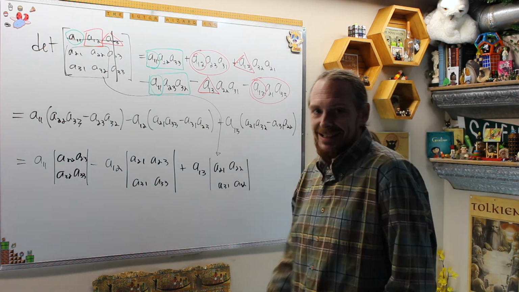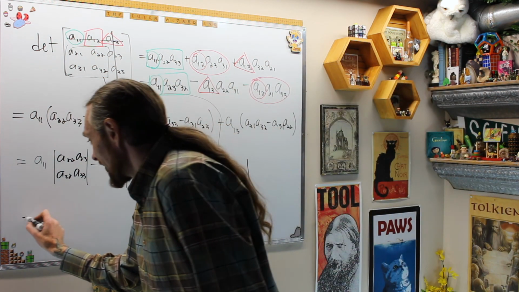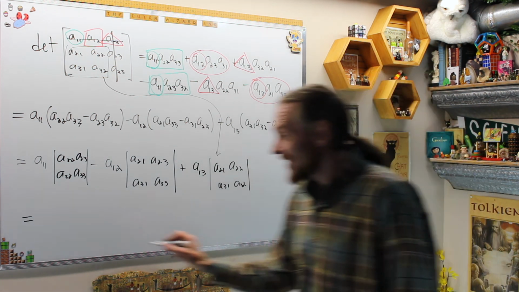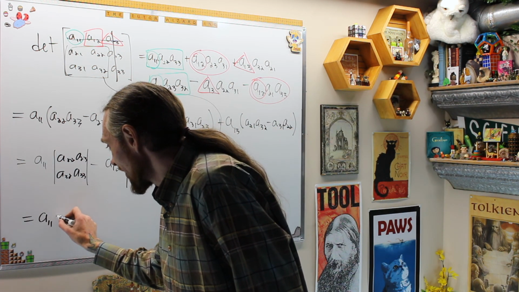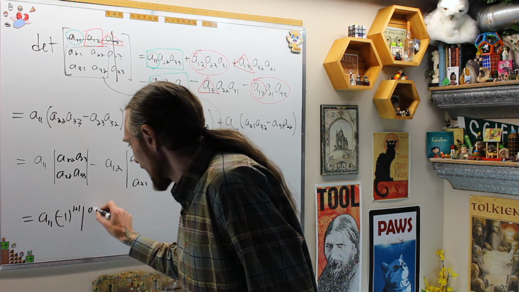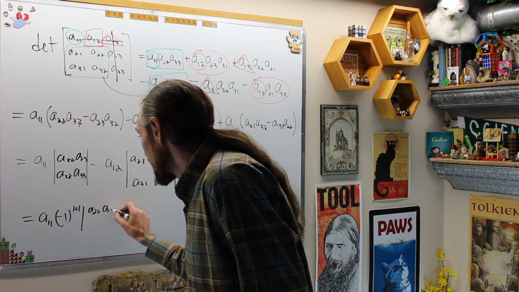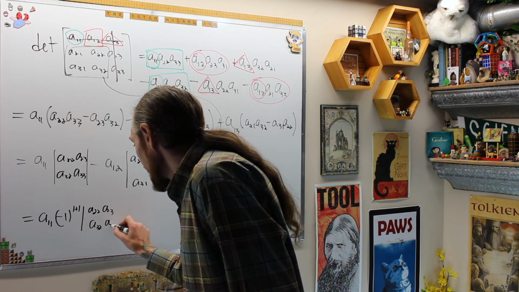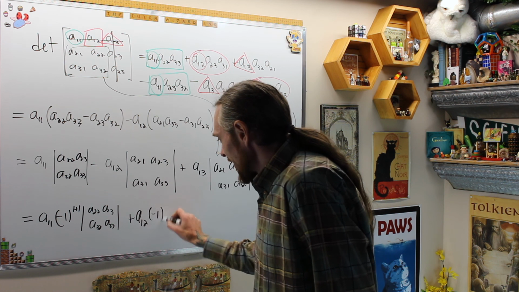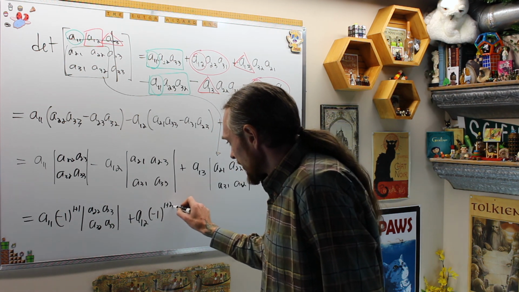Now what we see is this will be the complete cofactor expansion of a 3x3 determinant, we're going to call it. This is now A11 times -1 to the 1 plus 1 times the determinant of A22, A23, A32, A33, plus A12 times -1 to the 1 plus 2.